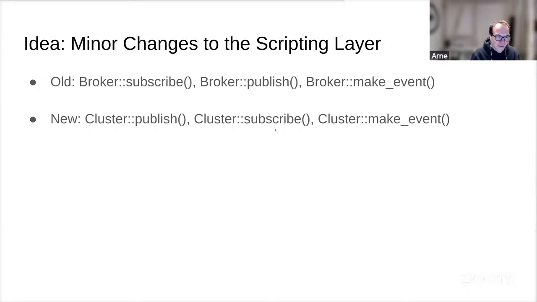If you don't change the cluster backend away from broker, then cluster publish will essentially be the same as broker publish. But when running a non-broker backend, broker publish will not do anything and will actually create a warning asking whether you rather wanted to use cluster publish. So the idea is that you would gradually move from broker publish to cluster publish in your scripts.